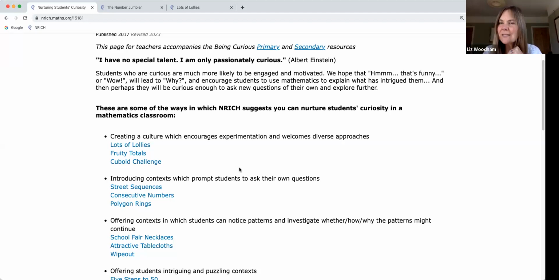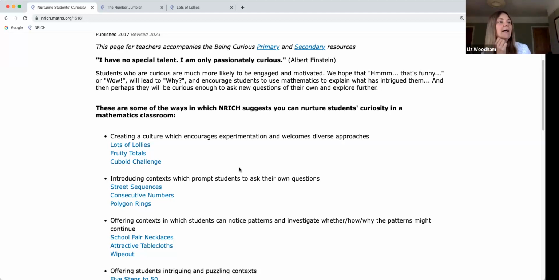Perhaps somehow we value it less. And in maths lessons in particular, I wonder whether students think that it's not a place to ask questions, that curiosity is actively discouraged in a maths lesson. And yet, of course, we know that a good mathematician is curious. A good mathematician asks questions.